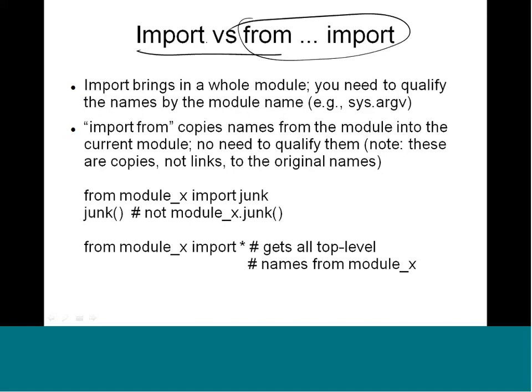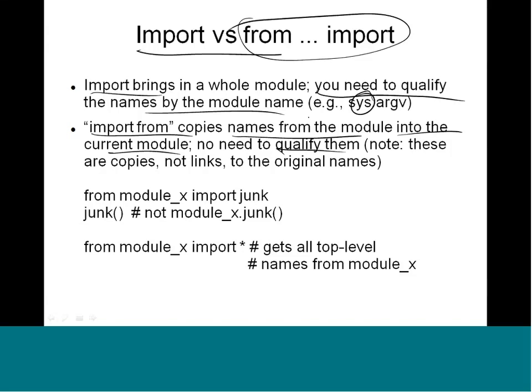Import brings in a whole new module, the whole module essentially, and we need to qualify the names by module name, using this sys.rb. But import from copies the names from the module into the current module. So no need to qualify them. We don't need to qualify with these additional names, because it is actually brought into the current module itself.